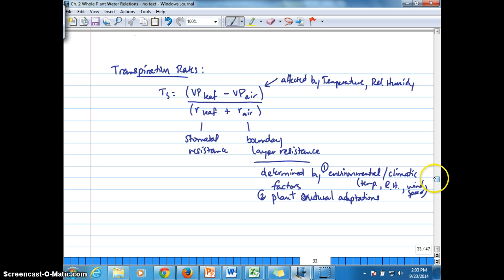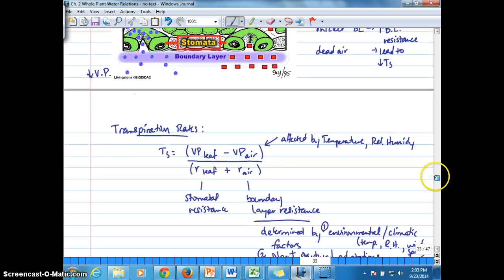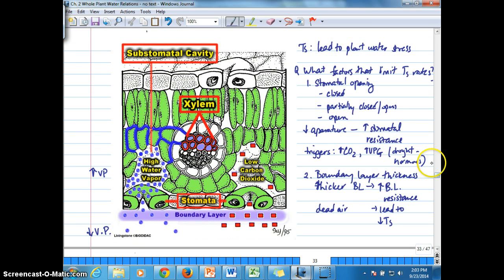But again, looking back at our main calculation for transpiration rates, the vapor pressure gradient is the main influence on transpiration rates. If you look back at this diagram, you can see over on this side we're looking at a vapor pressure gradient, where inside the leaf it's high and outside of the leaf in the atmosphere vapor pressure is lower.